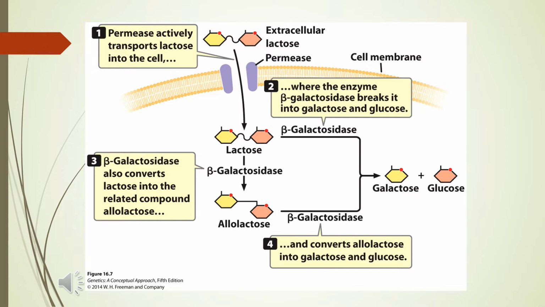In addition, beta galactosidase acts on lactose and converts it to a similar compound known as allolactose. So the function of beta galactosidase is to split lactose into galactose and glucose, and it also produces allolactose. This is how lactose metabolism takes place inside the cell.